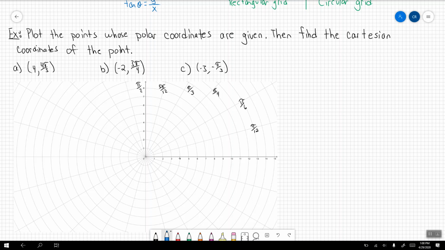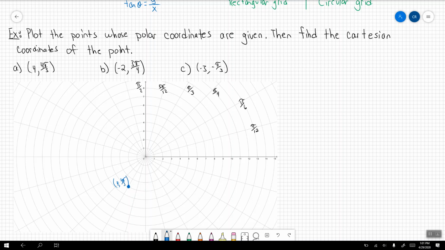Every pi thirds is 60 degrees, so I went 60 degrees here, and then another 60 degrees, and then another 60 degrees, that puts me at pi, and then another 60 degrees, which should put me at about 240, so that should put me about right in here. There we are. Perfect. So this ordered pair here is (4, 4 pi thirds).